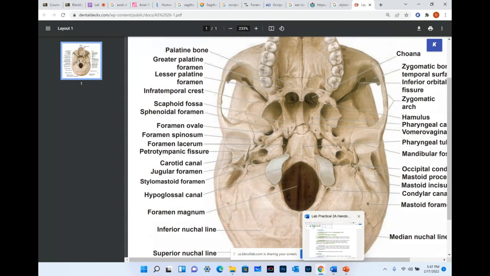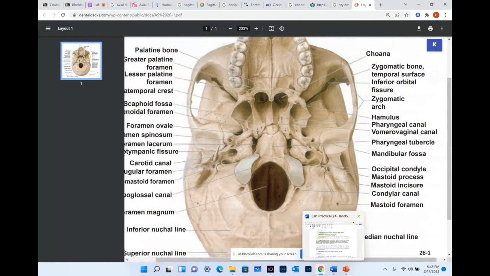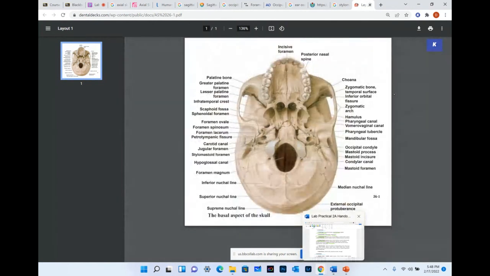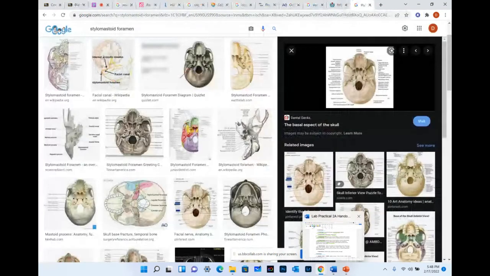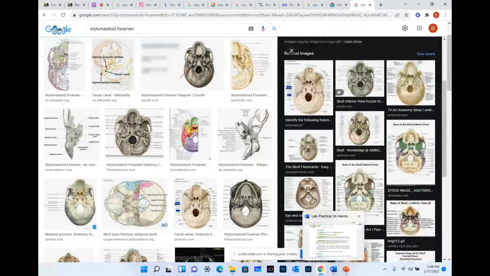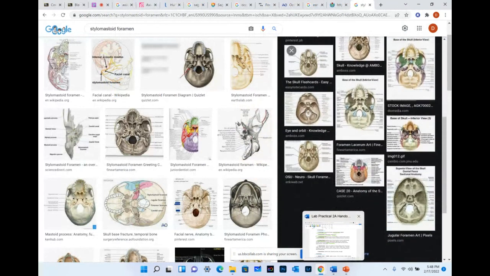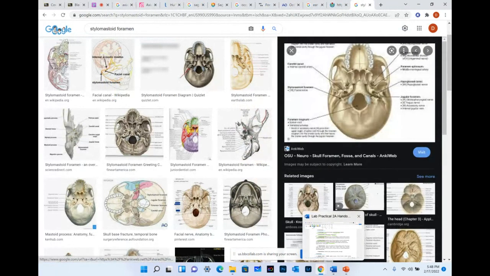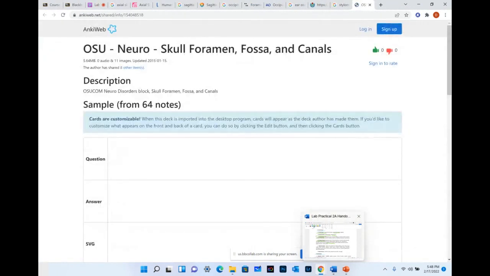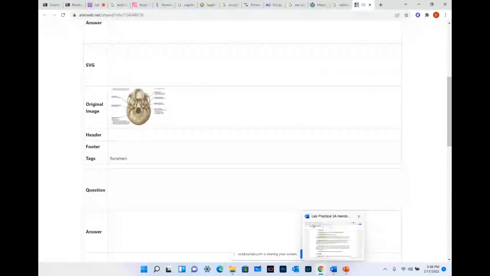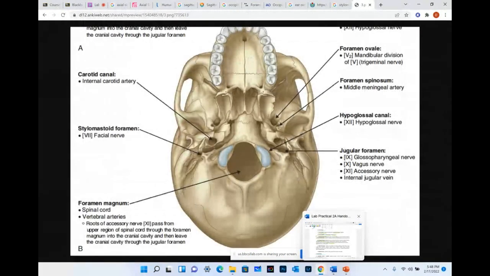Jugular foramen looks like a little J when you look at it. And oh, this is a very nice photograph.